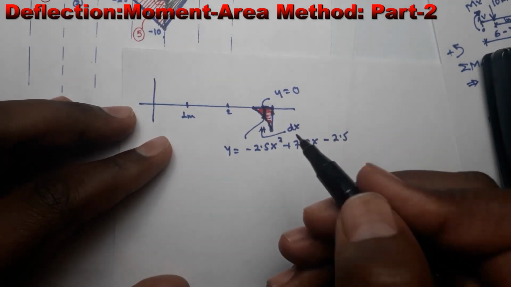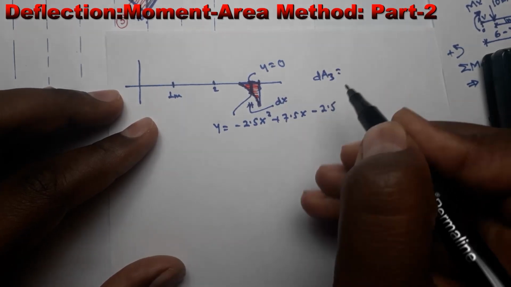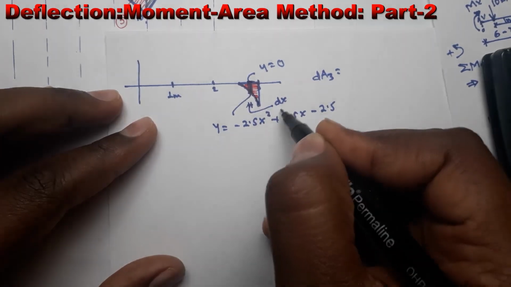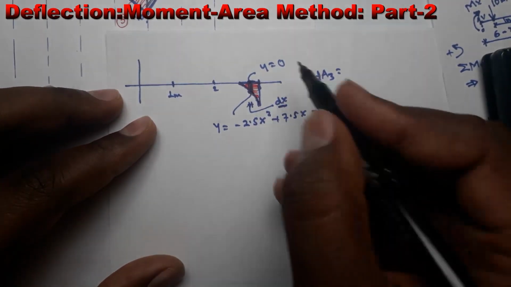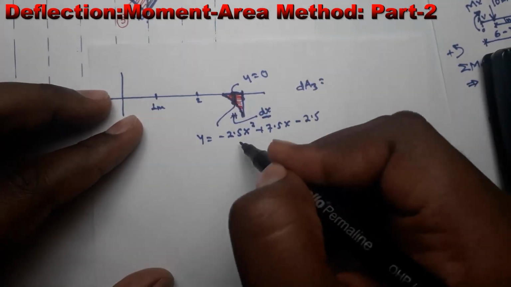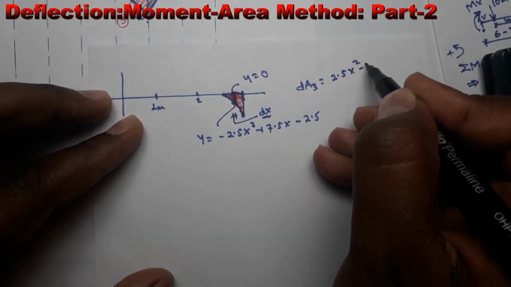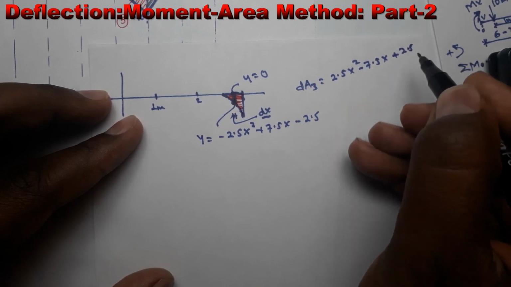Now dA3 equals height times width. The width is dx, the height will be this function minus this function. So 0 minus this function will give me 2.5x squared minus 7.5x plus 2.5.